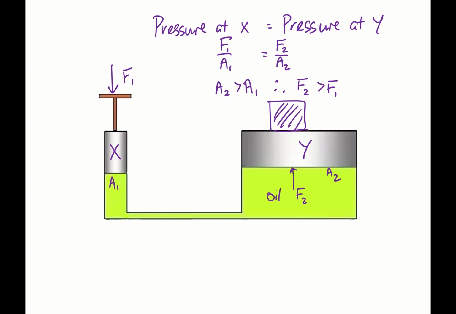So in another way, we can also call this a force magnifier. A small force can be used to amplify. The small force is amplified to lift a much heavier load.